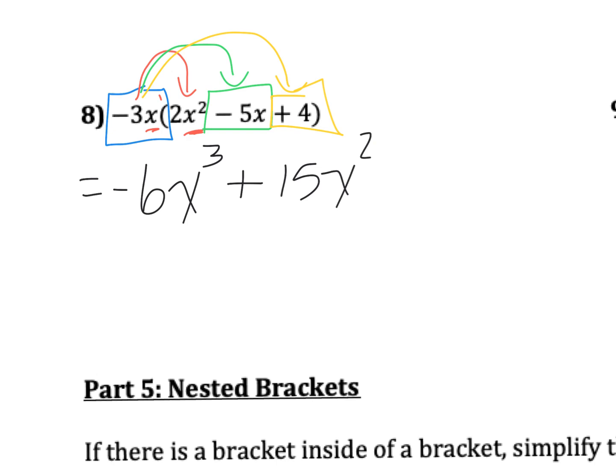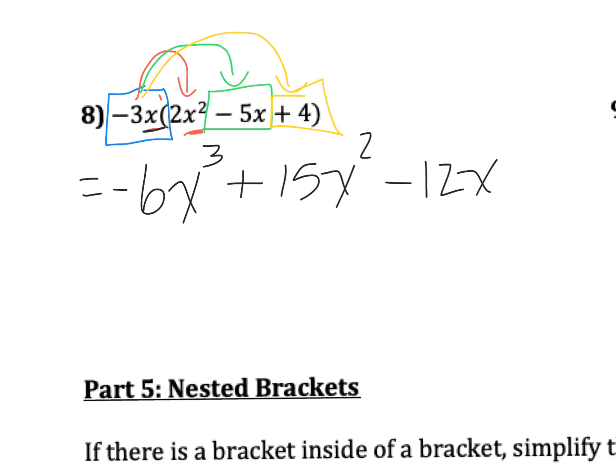So what's a negative times a positive? Sorry, I scribbled there. I should use the pointer. There we go. What's a negative times a positive? And hopefully you're all yelling, it's a negative. Yeah, I don't like that color. Let's do that in black. A negative. And then what's 3 times 4? It's 12. And then you have to remember to include your x.